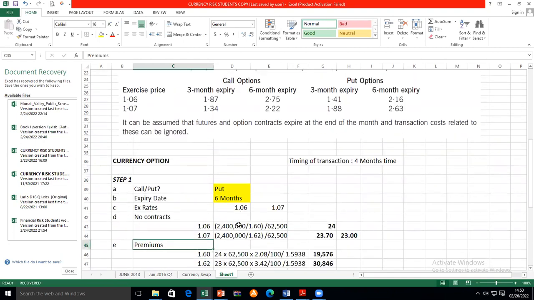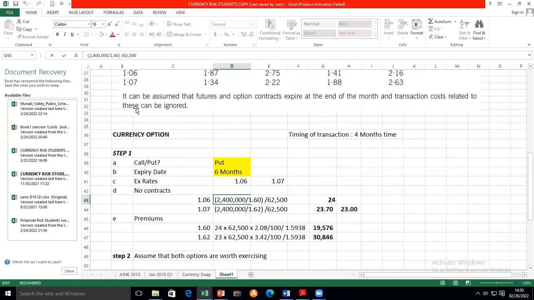So you take 5,000,000 divided by 1.06, divided by 125,000. Let's go.